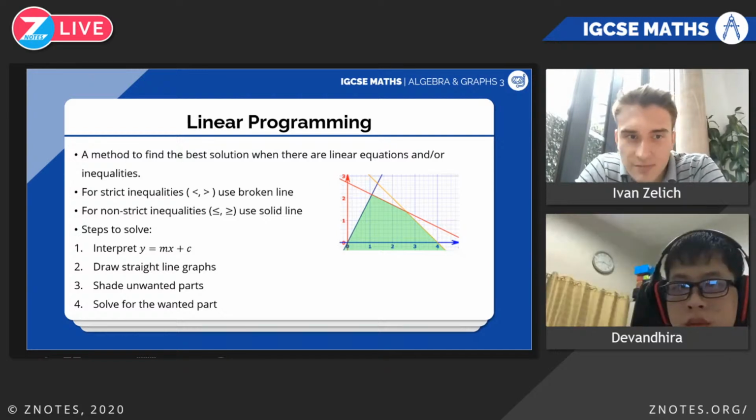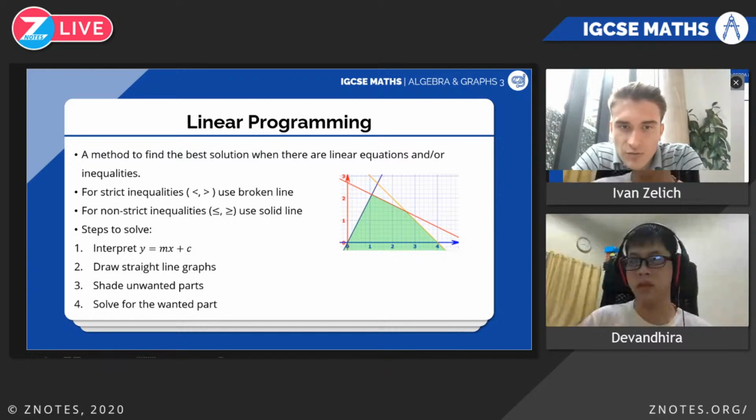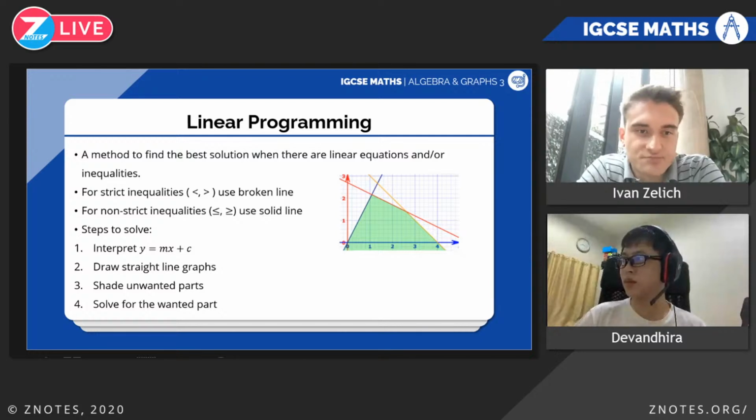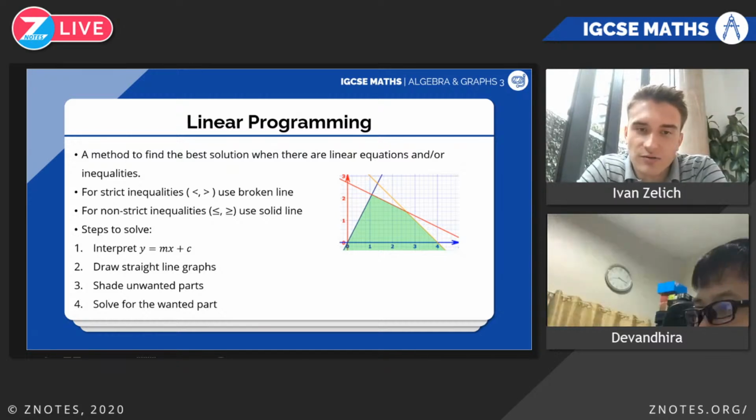But the general steps are to figure out the wanted region by shading the unwanted regions and figuring out what's left. Then you might have an expression that you want to minimize or maximize, and you can do that so long as it's within the region that you're considering. That's why you interpret the question as y equals mx plus c and draw these straight line graphs.